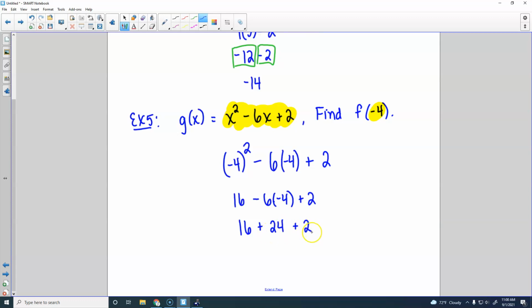Okay, we can do the 24 plus. Technically, we're supposed to go left to right. Since this is all addition, it doesn't matter. It would matter if we had subtraction there. So let's do the 16 and 24 first, although it is okay to do 16 and plus 2 here because with addition, you can mix it up. But if that was a minus 2, then we couldn't do that. So 16 and 24 gives us 40, plus 2 is 42.